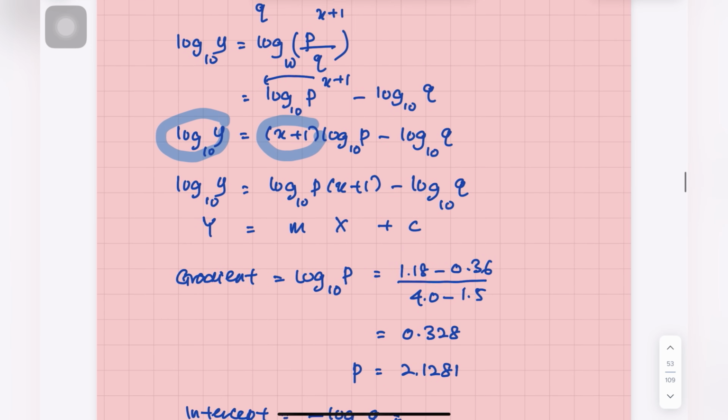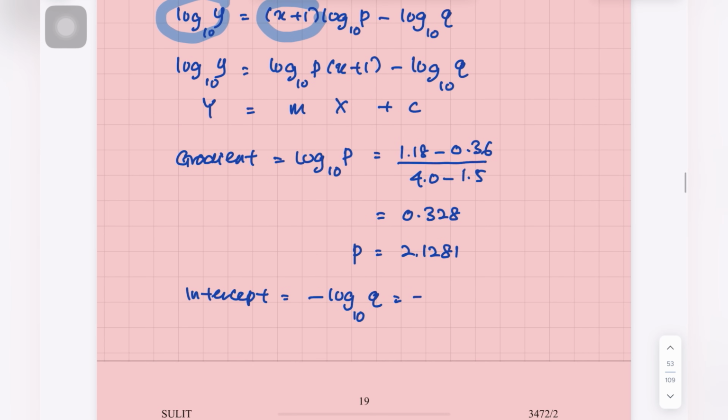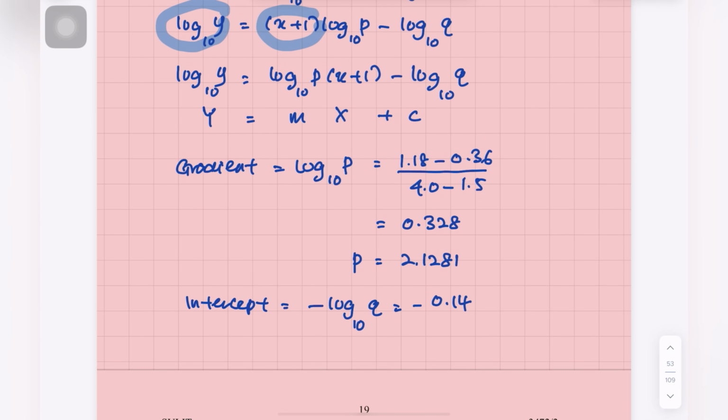So this equals negative 0.14. To find log q, log q equals 0.14 and q equals 1.3804.